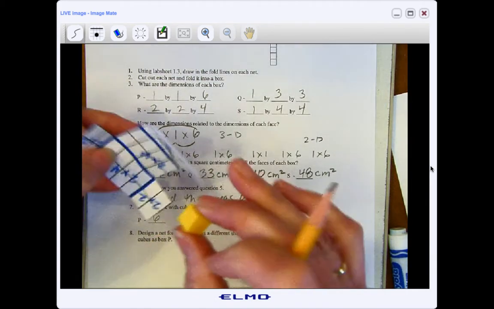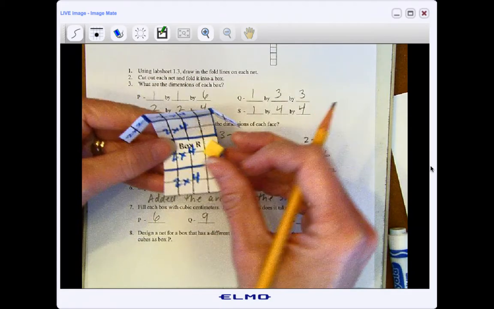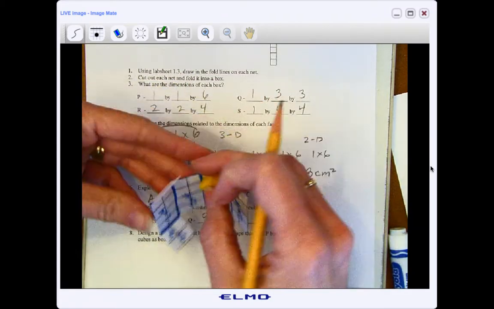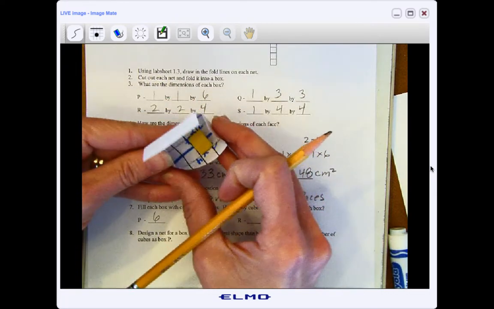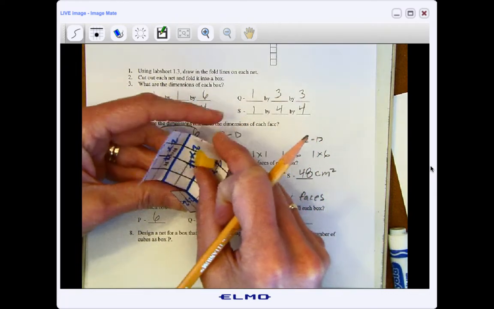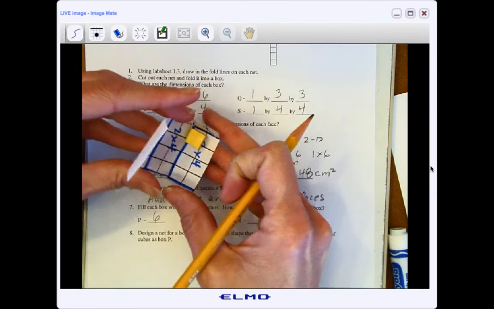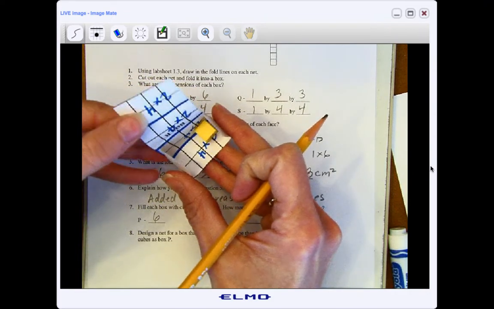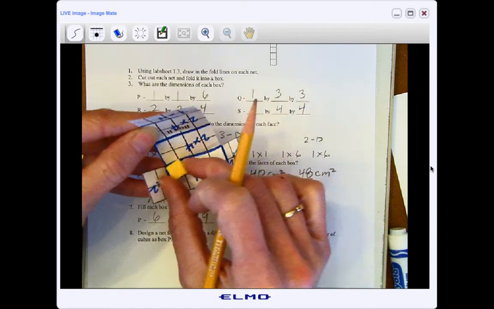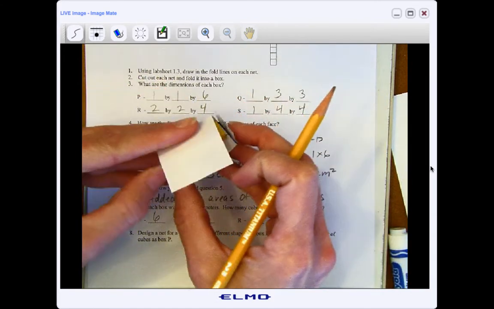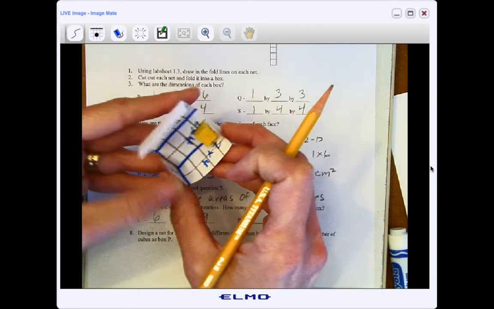How many blocks would I need to fill box R? Could you see that I could fill 8 on the bottom, and then I'd need 2 layers high of 8. So a total of 16 blocks would be needed to fill that guy.